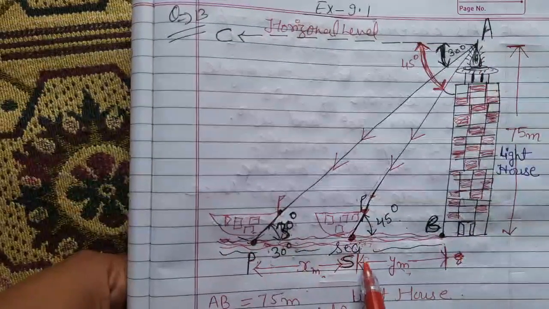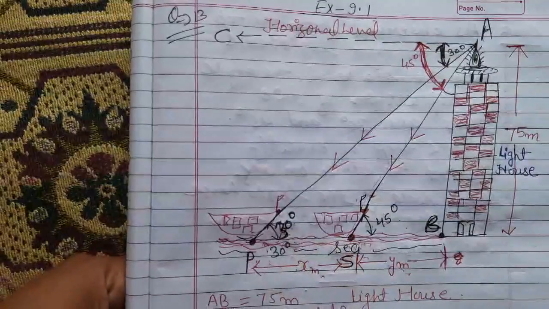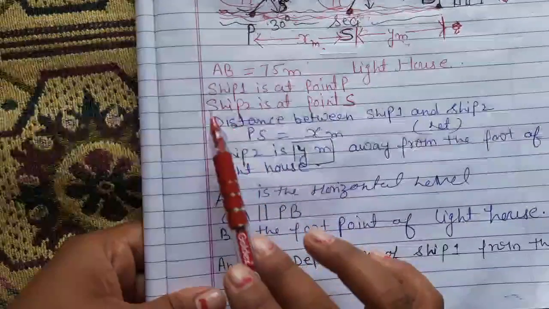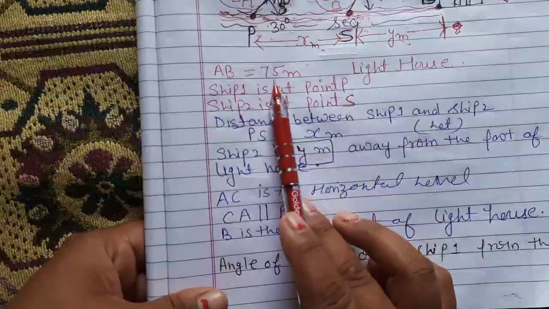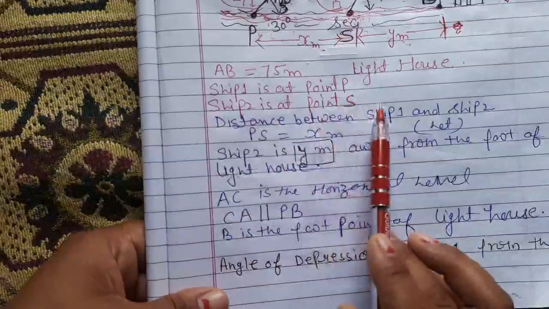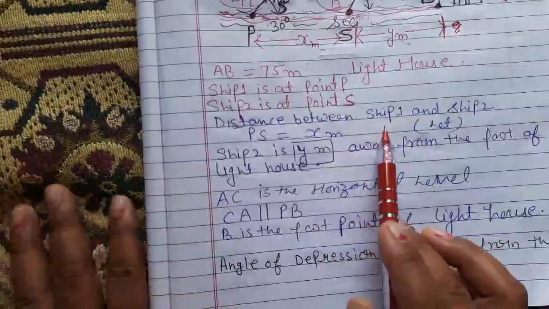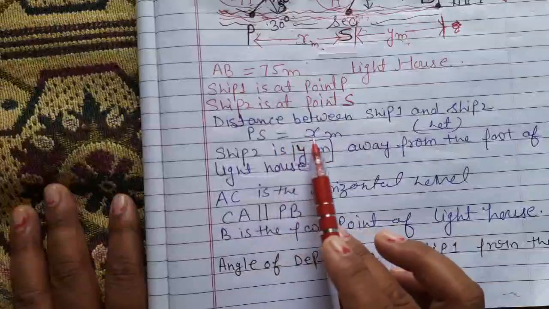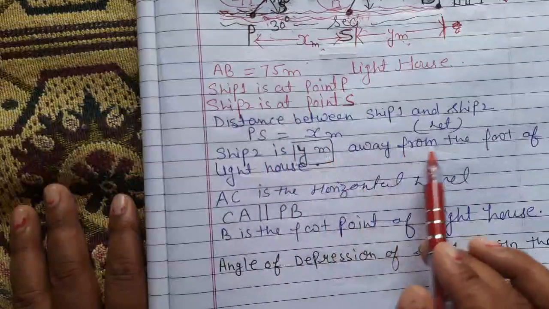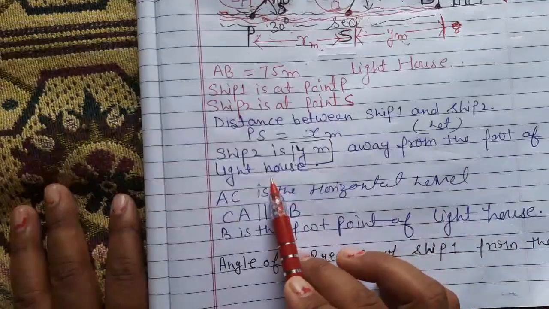P and S represent the two ships in the sea. AB, the lighthouse, is 75 meters. Ship 1 is at point P, ship 2 at point S. The distance between ship 1 and ship 2, PS, I am considering as x. Ship 2 is y meters away from the foot of the lighthouse.